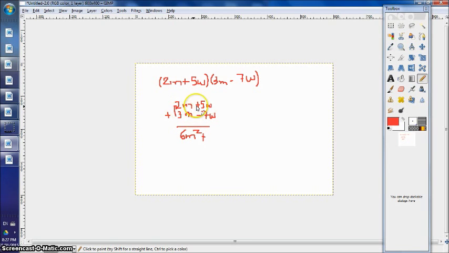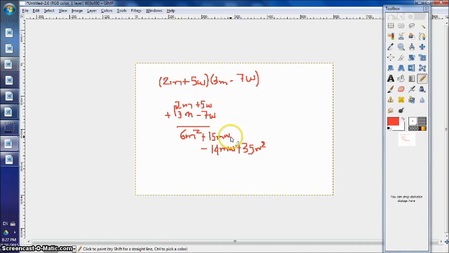Okay, multiply these two together, 6m squared plus the second term, so 15 mw, then minus 7 into 2 is minus 14 mw plus 35w squared. 7 times 5, 35 w squared.